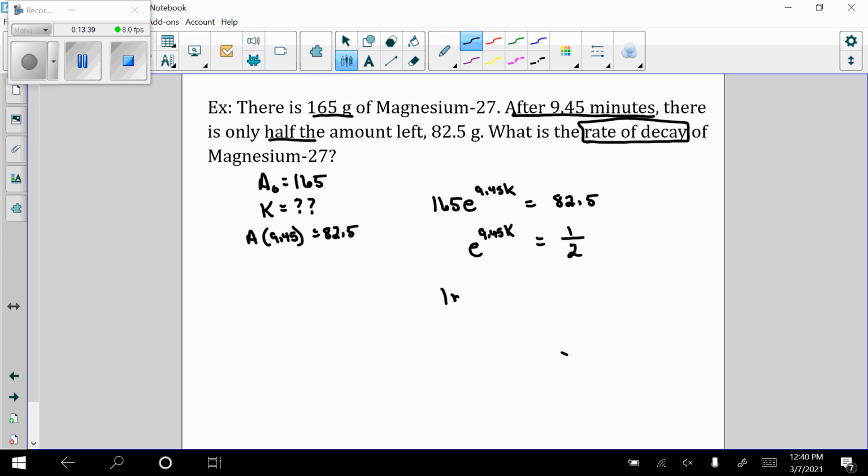So now I can do natural log of 1/2 equals 9.45 K. If I divide, I'm going to get my growth rate. It should be negative.